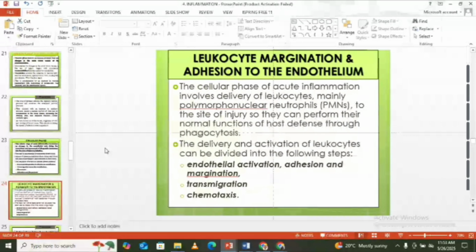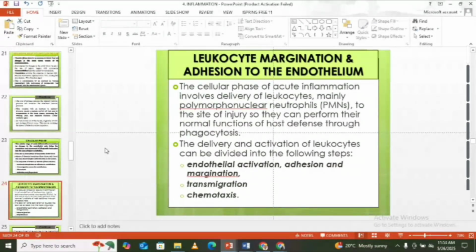So that's what we're talking about here. Still, that's part of the second phase: leukocyte margination and adhesion to the endothelium, where, of course, there is the delivery of the leukocytes to the site of injury, so that they can perform their function of being the host defense.